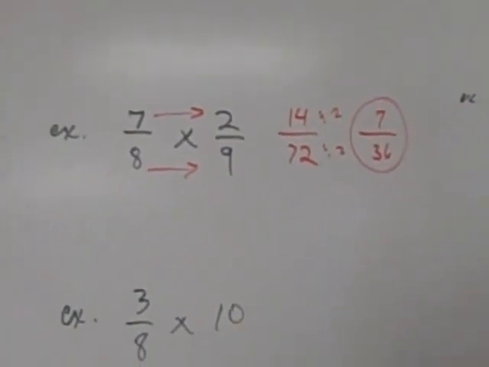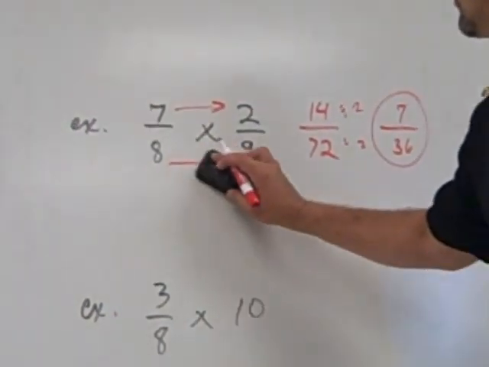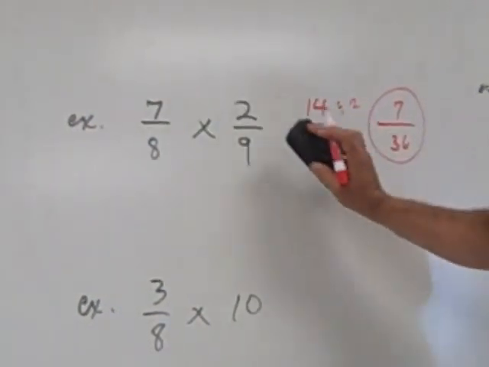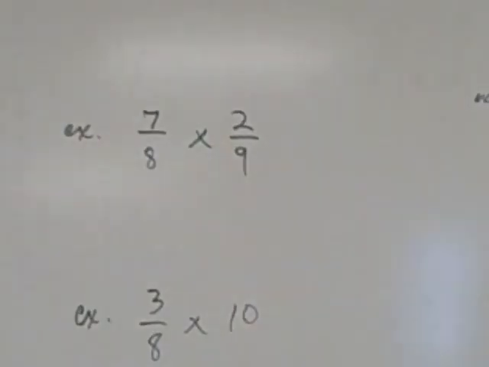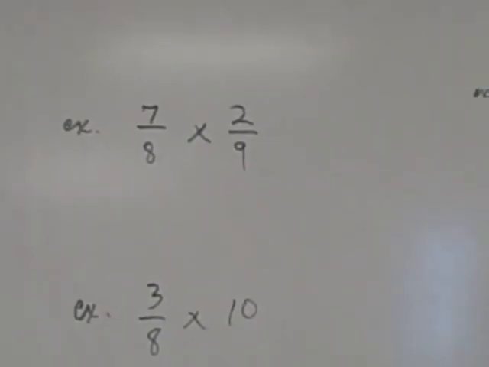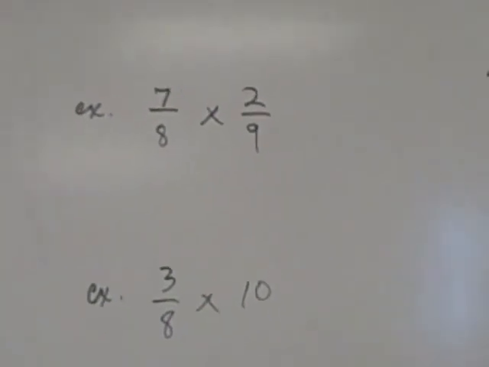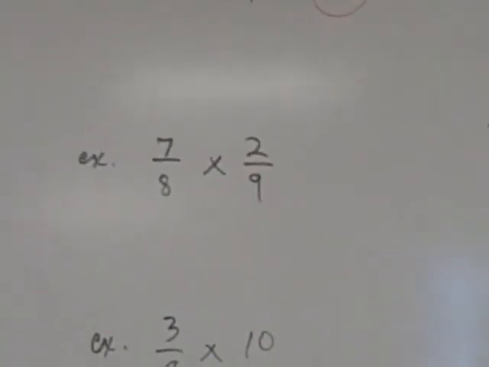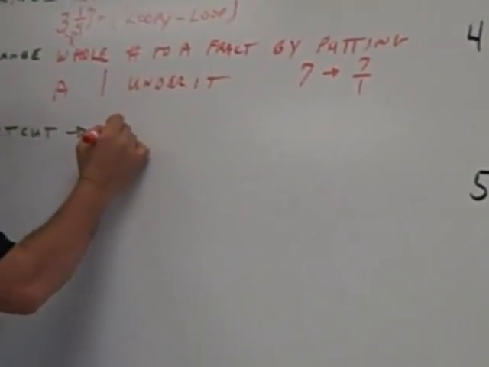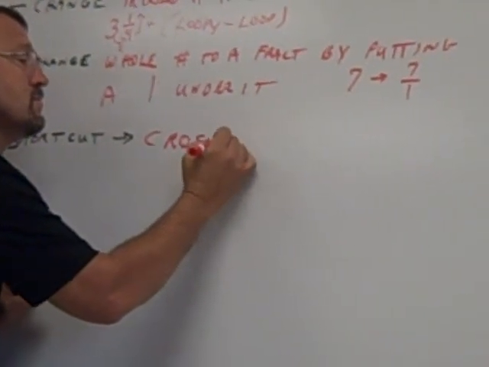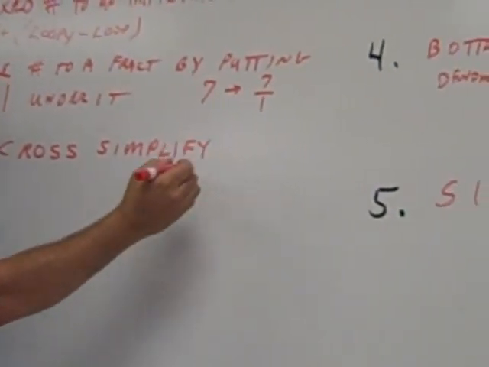We can shortcut now. Okay? Don't erase, but rewrite this problem again right beside it or underneath it. Shortcut. I can shortcut this one. I'm going to teach you to shortcut. What does it say, Watson?